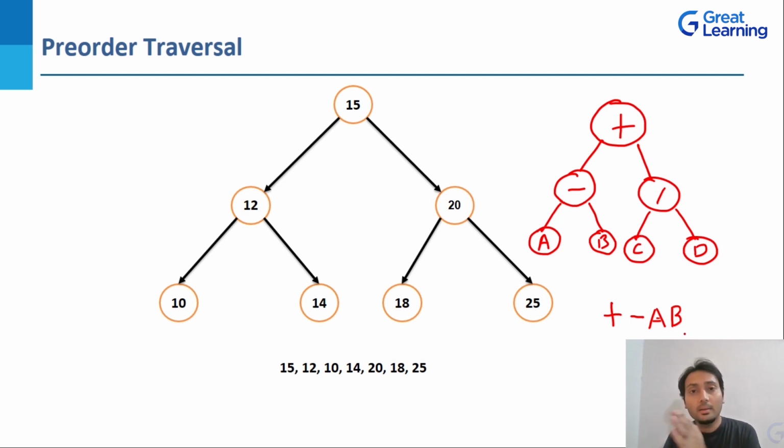What is remaining here? The right part. On the right part, we have the division, then we have the operands C and D. So this is one more important application of pre-order traversal. You can convert an expression tree into a prefix notation. So I hope with this you have a better understanding of pre-order traversal.